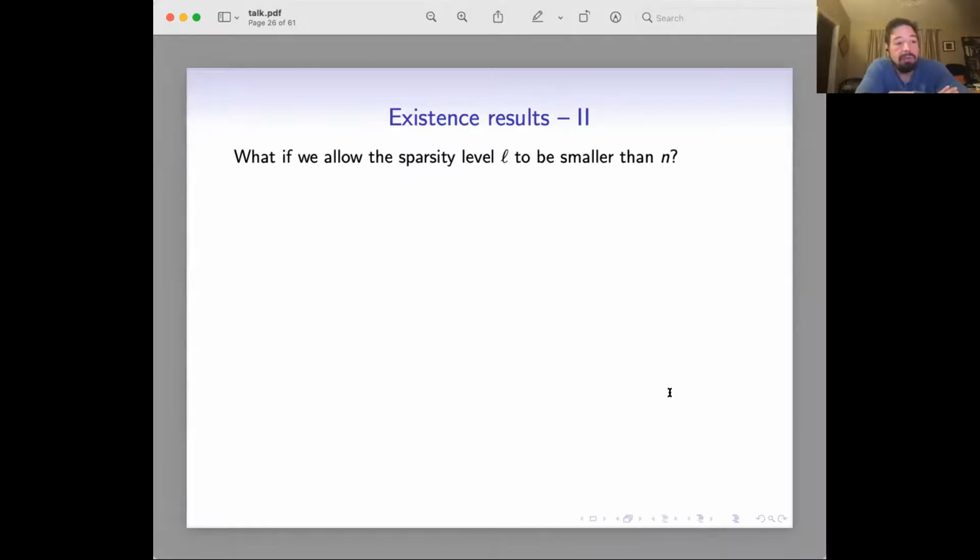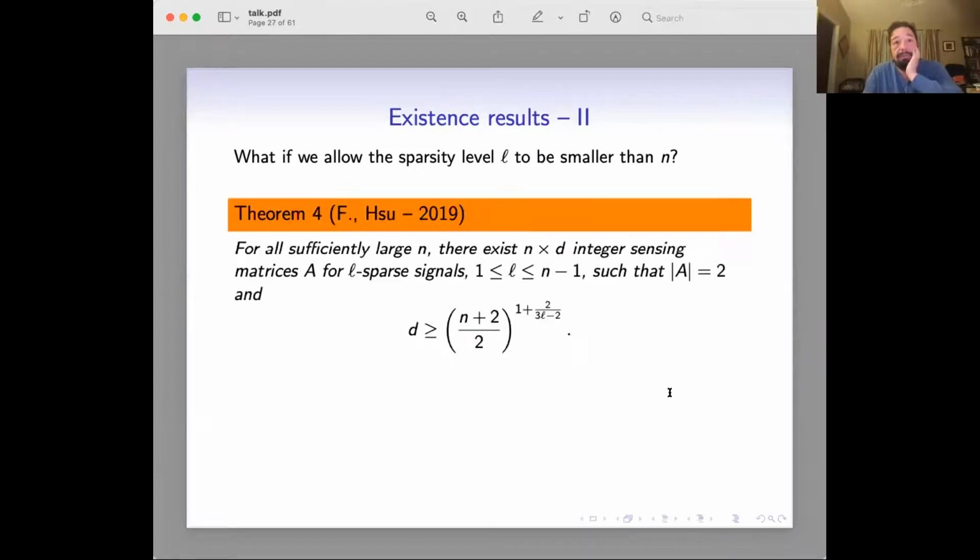Actually, in all the applications of compressive sensing of which I know, the sparsity level is usually a lot smaller than N. So can we do better? Meaning, can we make D bigger as a function of N if we allow L to be smaller?